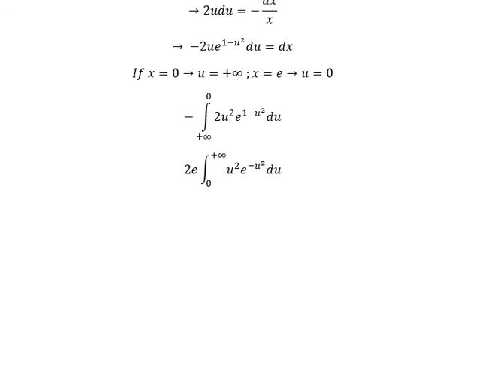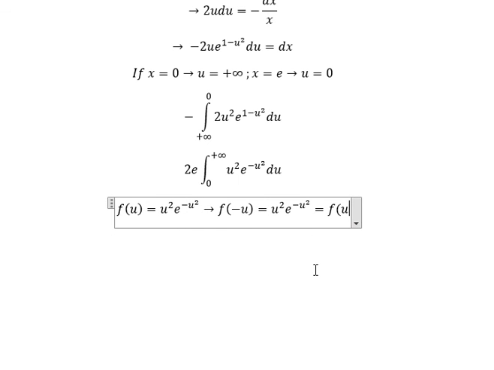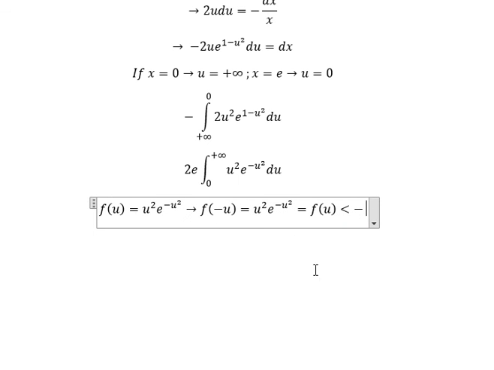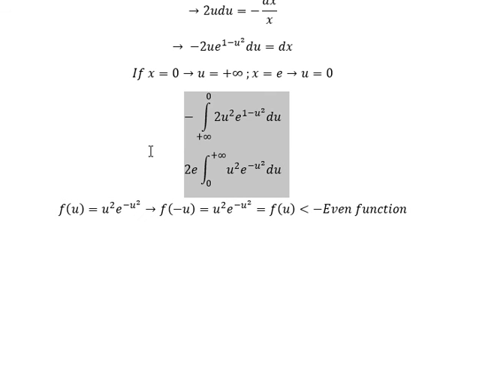Next, we have f of u equal to this one. If we put f of negative u, you will get the same one. So that should be an even function.